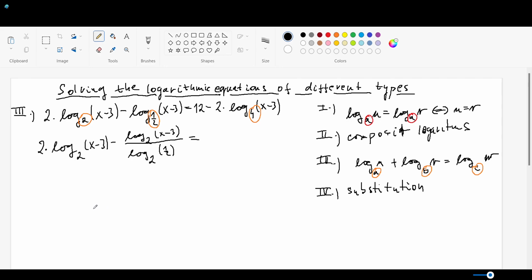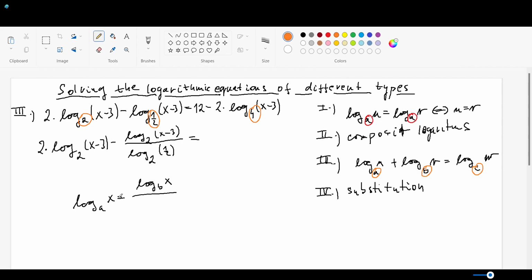We are now using the rule you should already be familiar with, that log base a of x is equal to log of x, and it doesn't matter what base you use.